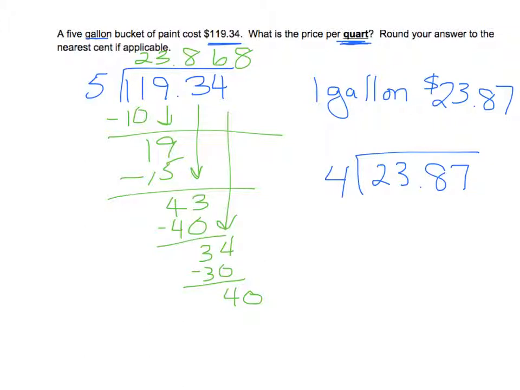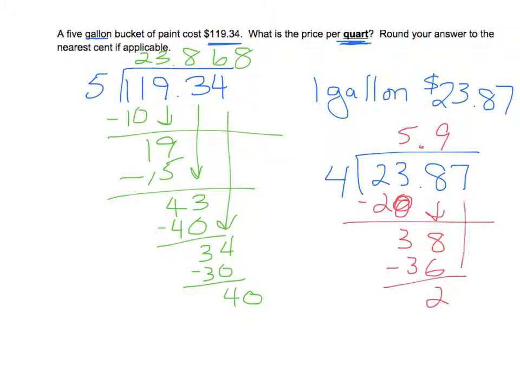4 doesn't go into 2, but it goes into 23 5 times. Subtract, that's a 3. We get a 3, bring down your 8. Make your decimal. 4 goes into 38 9 times without going over. That's 36.